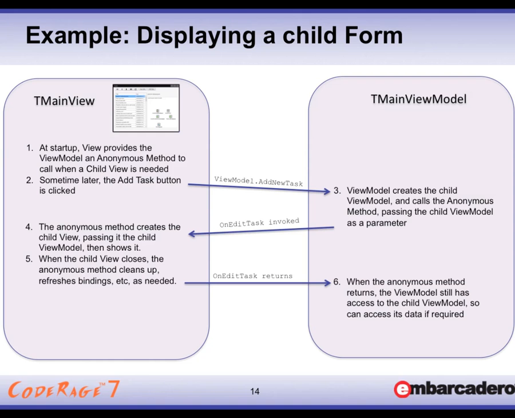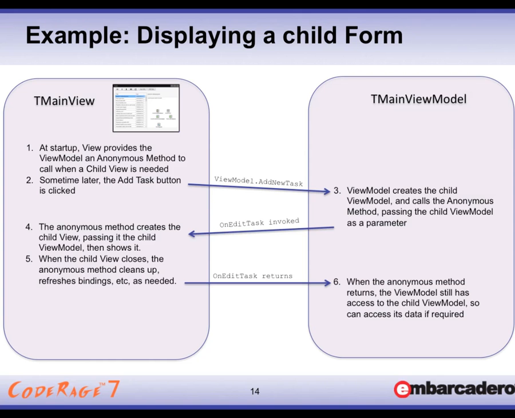Sometime later on, that add task button is clicked, and as we'll see, all that's doing is calling a method on my view model called viewModel add new task. Okay, amongst other things over in my view model, it creates the child view model, the task view model that represents that child form.